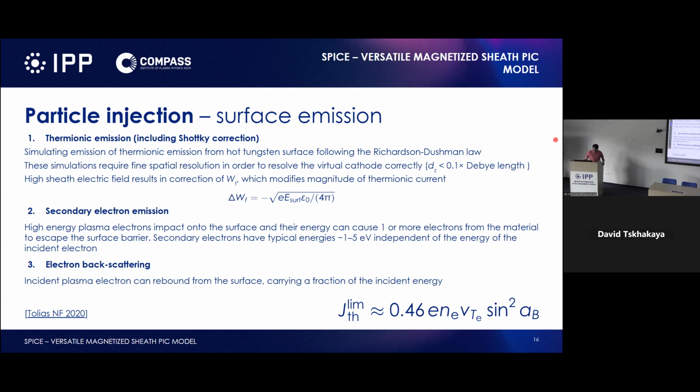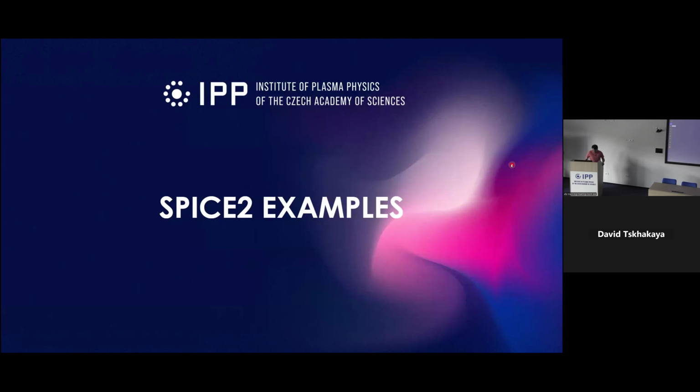For example, to calculate efficiently the thermodynamic emission, we have to account for the so-called Schottky effect, which in relation to the surface electric field modifies the effective work function that is necessary for the emission of the electrons. Also, this emission causes development of a virtual cathode in front of the surface, and then you have to resolve the Z direction very carefully in very small cells.